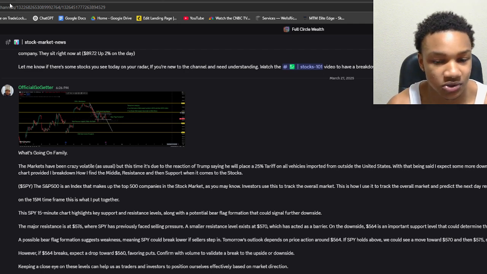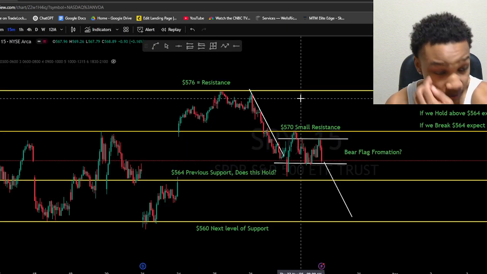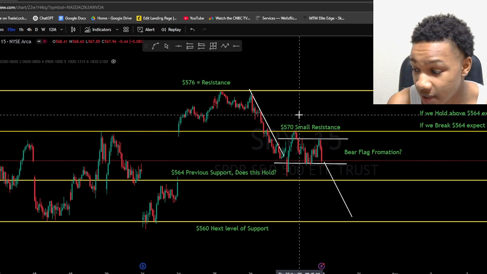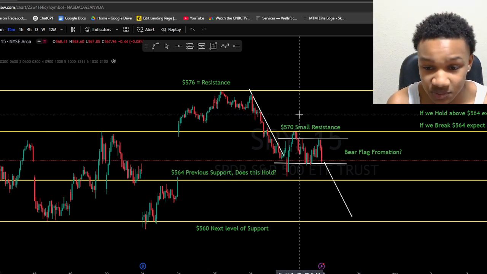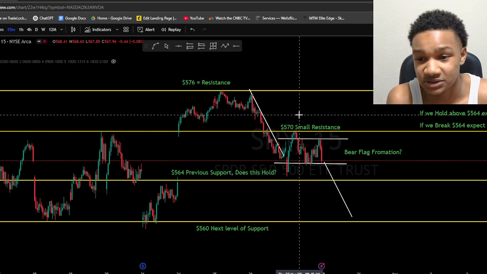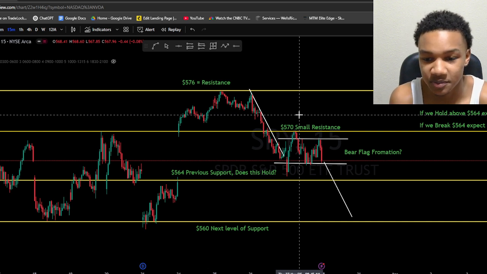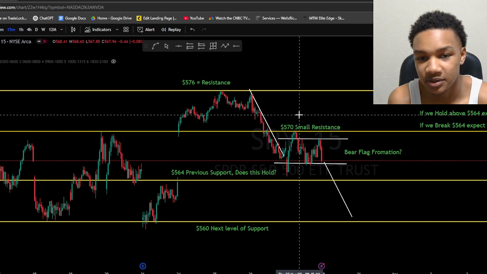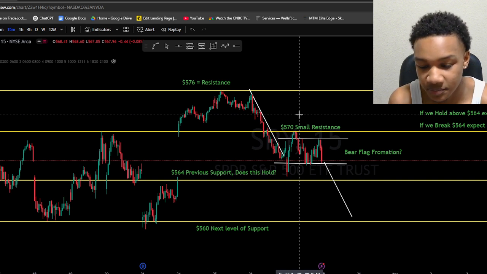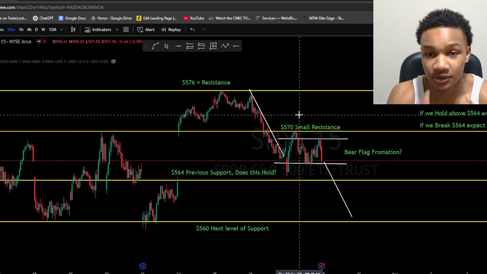Let's just get straight into breaking it down. So we're going to start with SPY, right? So what SPY is, if you don't know what SPY is, the ticker symbol, and what a ticker symbol is, just the symbol of the specific stock. So SPY, S&P 500, is an index that basically puts the top 500 companies on the stock market under a big umbrella.